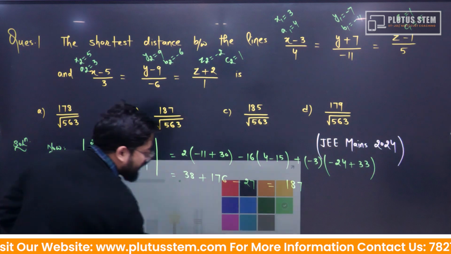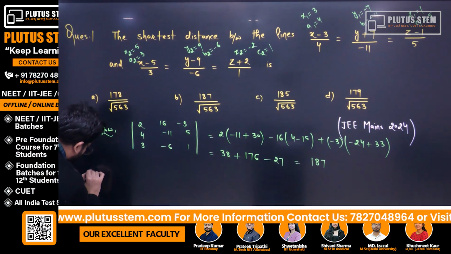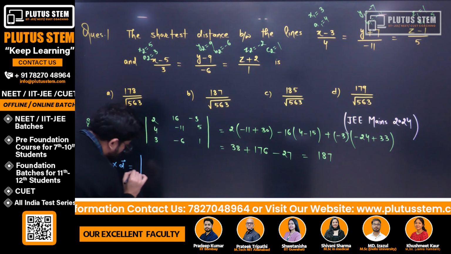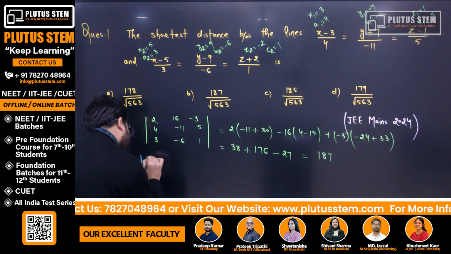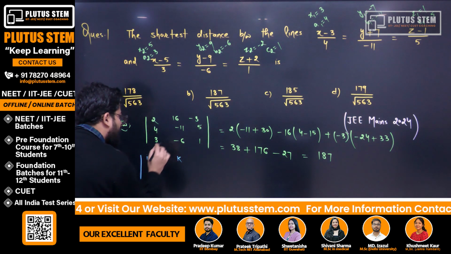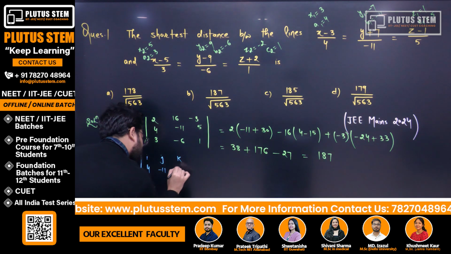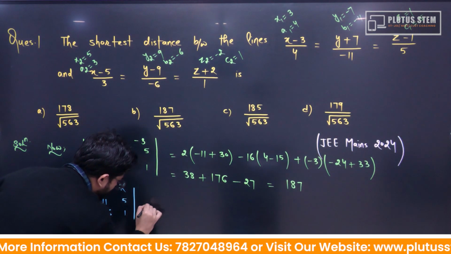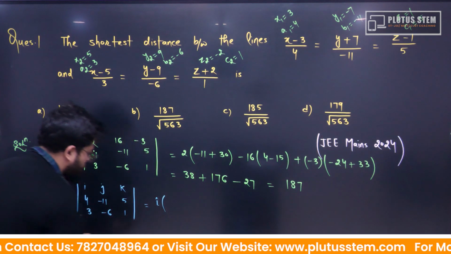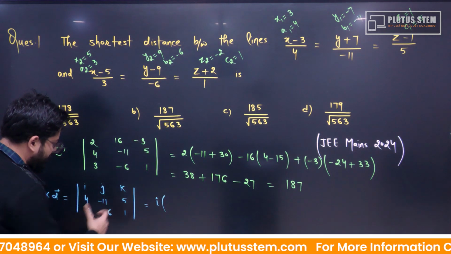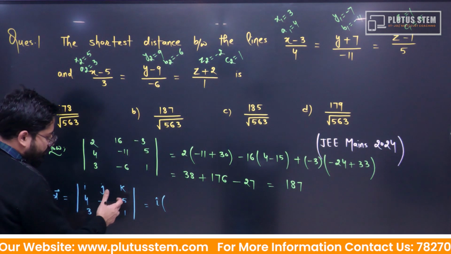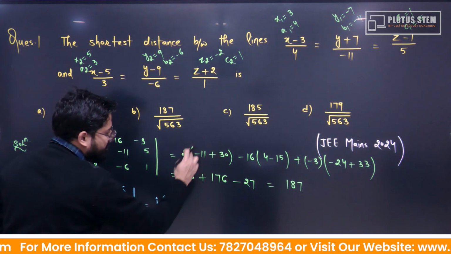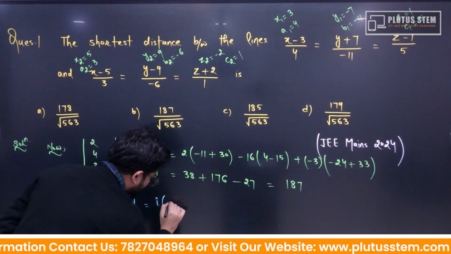Now the next thing is to calculate your B cross D. B cross D is the determinant with i, j, k, then 4, minus 11, 5, and 3, minus 6, 1. So i cap into (minus 11 into 1 minus minus 6 into 5), that is 19.